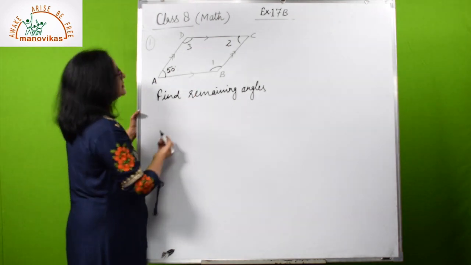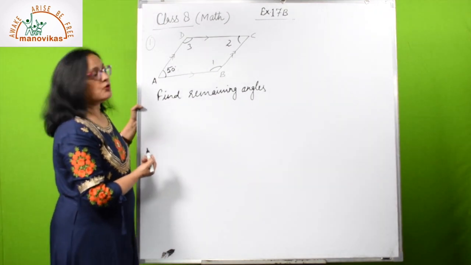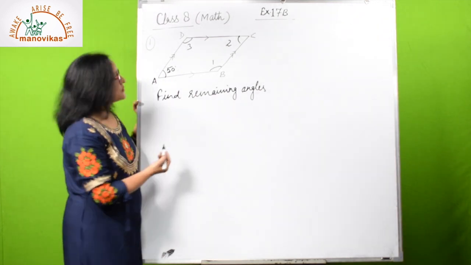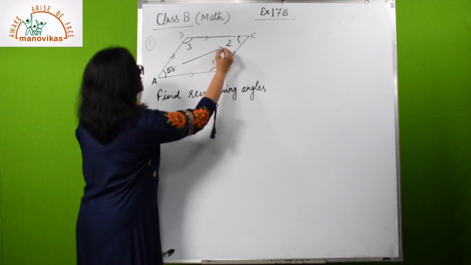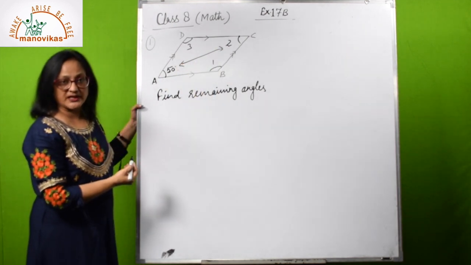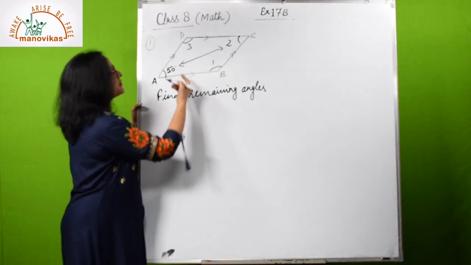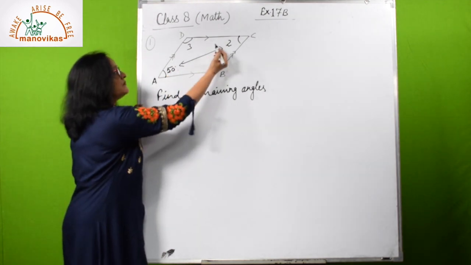So if you remember the angle property of a parallelogram, the first property was opposite angles of a parallelogram are equal. So if we remember this property, we can make the connection between these two angles. In the beginning I told you, you should know the connection of the given angle with the angle that is to find. So here we can make the connection between the angle given, 50 degrees, and the angles that are to find, angle 1, 2 and 3.